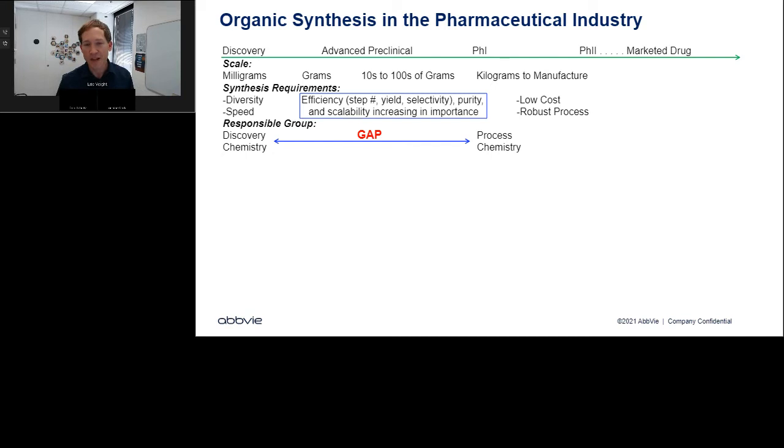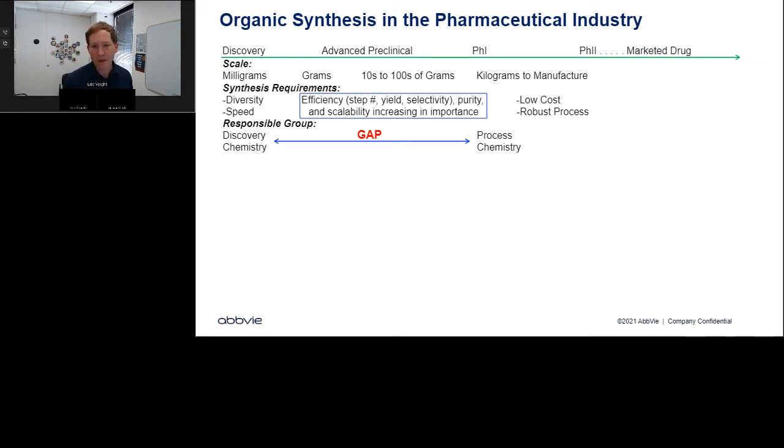And during this process of discovery and development, the requirements for the synthesis change very substantially. Early on, a diversity-oriented synthesis that can very rapidly prepare many analogs to answer key biological questions is the most important. And later on, really finding a low-cost and robust process for one specific drug molecule is the key. And along this continuum, the efficiency of the synthesis is increasing in importance, where the purity, the scalability, how long it takes to make all these molecules is really becoming more and more critical in accelerating this process.